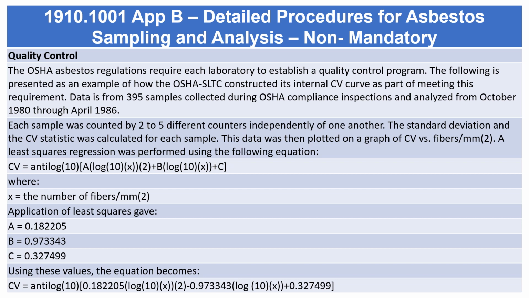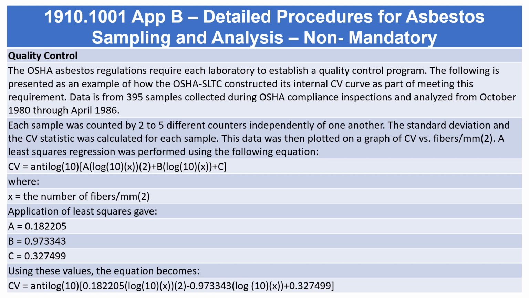This data was then plotted on a graph of CV versus fibers/mm2. A least squares regression was performed using the following equation. CV equals antilog 10 [A (log 10 x)^2 + B log 10 x + C], where x equals the number of fibers/mm2.